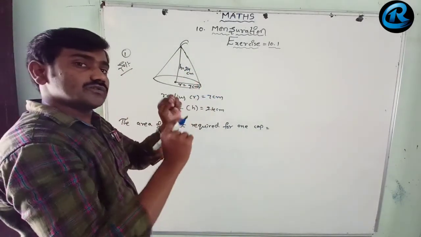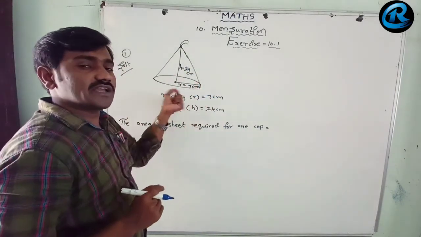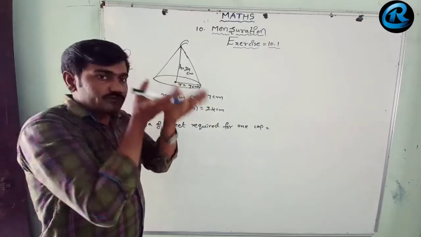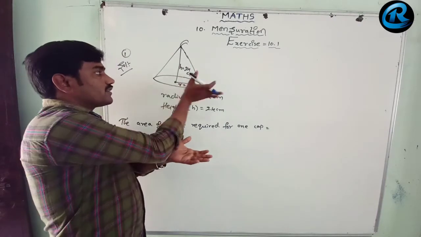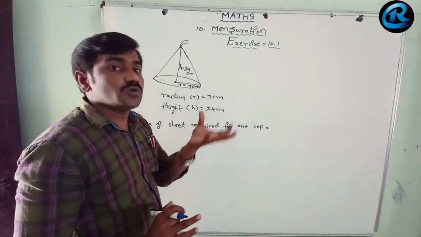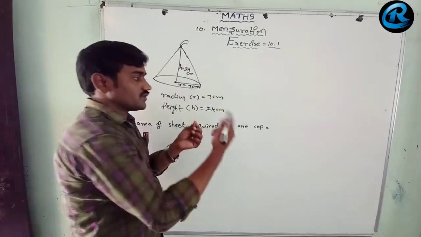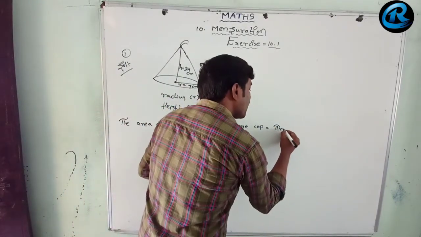Here you have to use total surface area or curved surface area of the cone. Here we should use the curved surface area because the bottom is not covered. If you cover the bottom also, then we can use the total surface area. We only take a paper and fold it. This is called curved surface area. So we will be using pi r l.